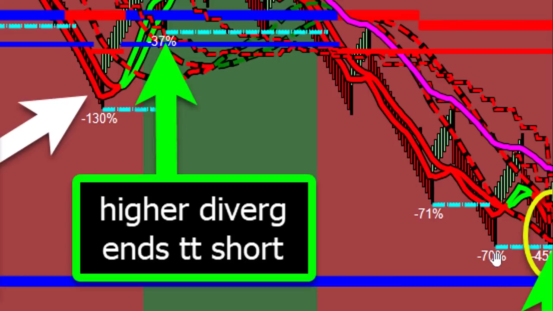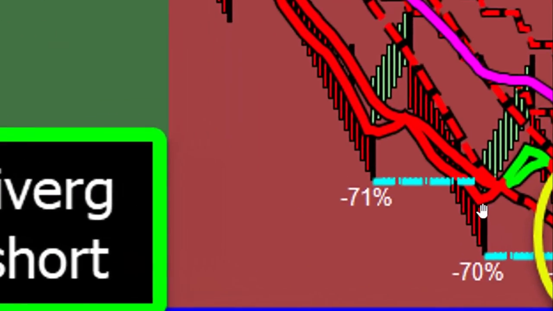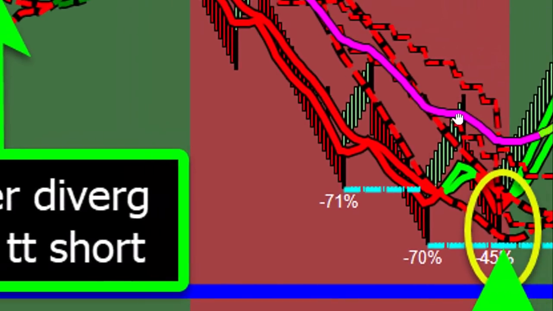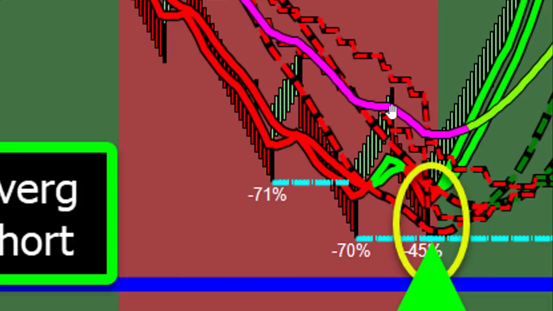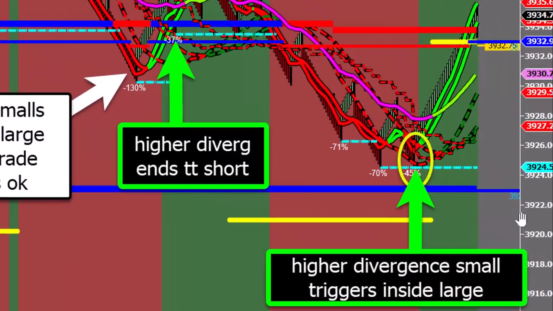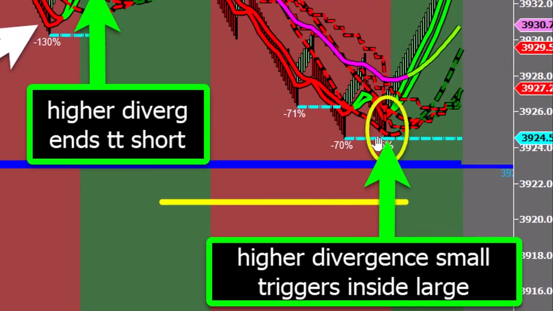And then you're going to get a second divergence and go, should I stay in? And you're going to say, where were my small triggers at the time of the low? And you're going to say they were outside, so I'll stay in one more time, even though you're starting to watch it. And then ultimately you're making a third divergence. And at the time of the third divergence, without me actually giving it away, it's pretty obvious now, right?